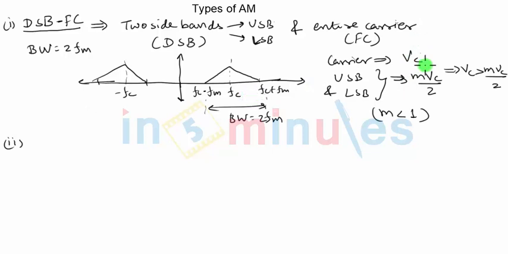The problem is that the carrier is just used to translate that low frequency range to high frequency range. The carrier as a single frequency does not have any information. The actual information is present in the upper sideband and in the lower sideband in the form of FC plus FM and FC minus FM. And because the information is carried in the sidebands and is not present in the carrier frequency FC, the power which the carrier contains is of no use to us, because that power does not carry any information.